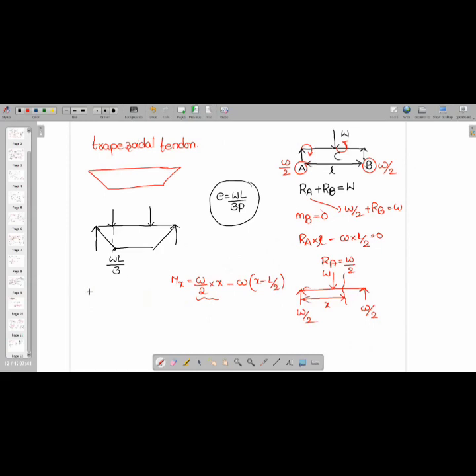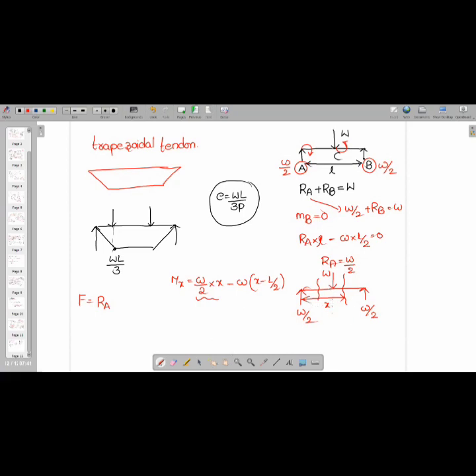Now see, sir, for bending moment to be maximum, the shear force should be 0. What is the shear force? RA minus... Where will the shear force be maximum? Suppose I take a section X; there is no load here, so the shear force will be zero at the center.